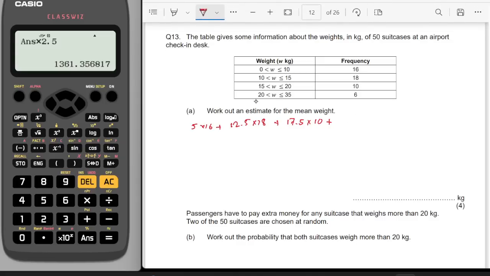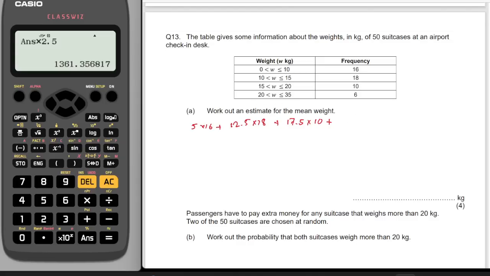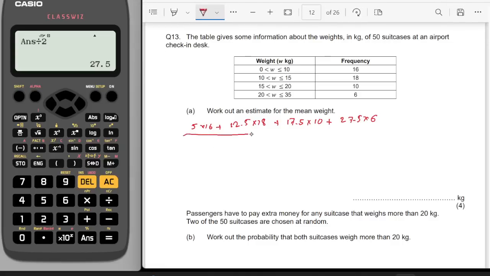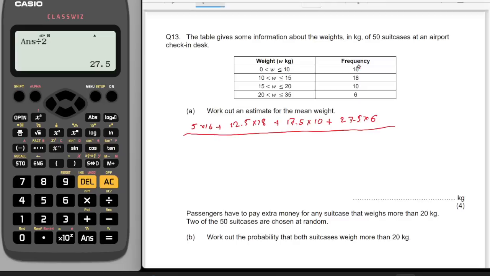20. The middle of this group is going to be equal to 27.5, I think. 27.5 times 6. Then I want to divide that by the total frequency, which is going to be told to us there, but double check. 16, 34, 44, 50.